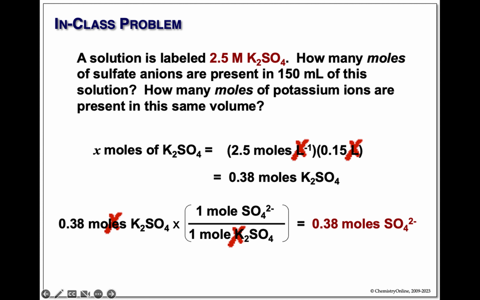For potassium, moles of potassium, the mole ratio is different. 2 potassiums for every potassium sulfate. 0.38 times 2 divided by 1, 0.76. Any questions?